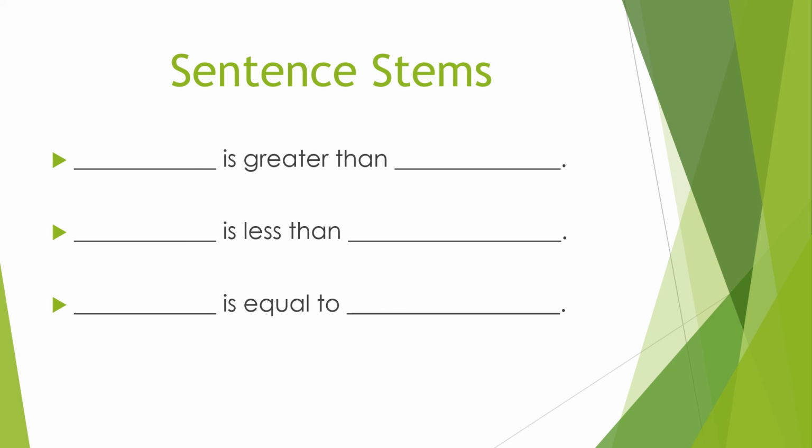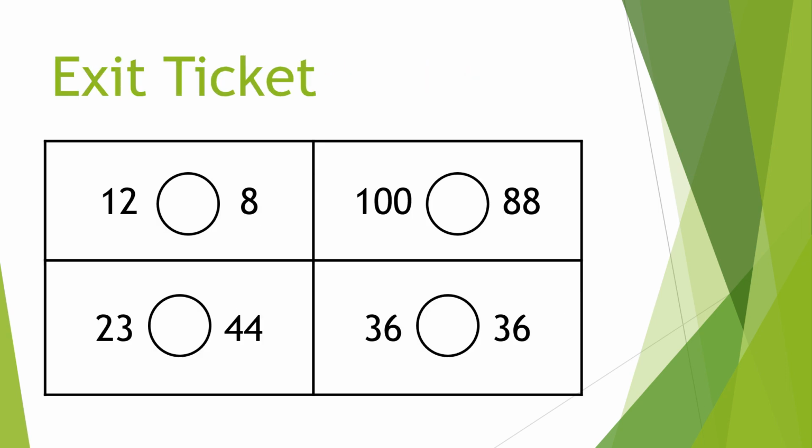And the last one is blank is equal to blank, such as 15 is equal to 15. And here's a short exit ticket you can have your child do to see if they understood the activity. Check their work when they're done.